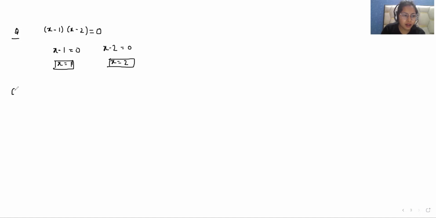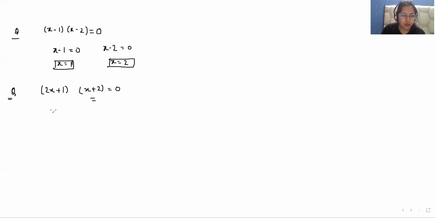I hope it's clear. Now we'll consider the next example, that is (2x plus 1)(x plus 2) equals 0. What is the sign in between the two factors? That is a product sign. When you multiply any number with a second number and get 0, we take each expression, put it equal to 0 and find the value of x.